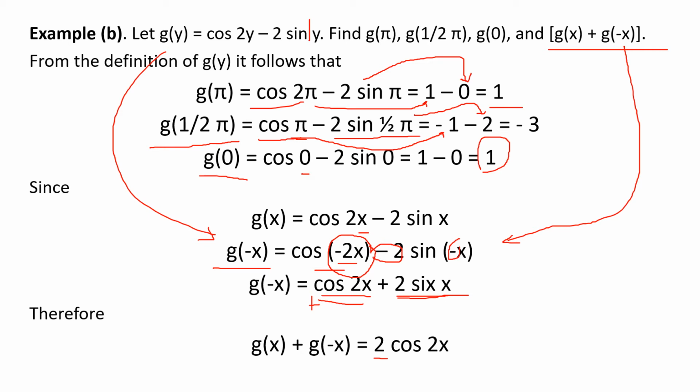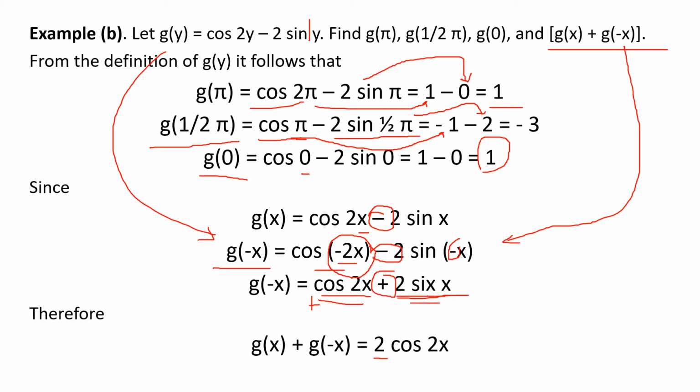If you look at the simplified form of g of x and g of negative x, it's a negative sign here and a positive sign here. Therefore, if we add these two, a negative and a positive value of 2 sine x, the resulting value is equal to 0.